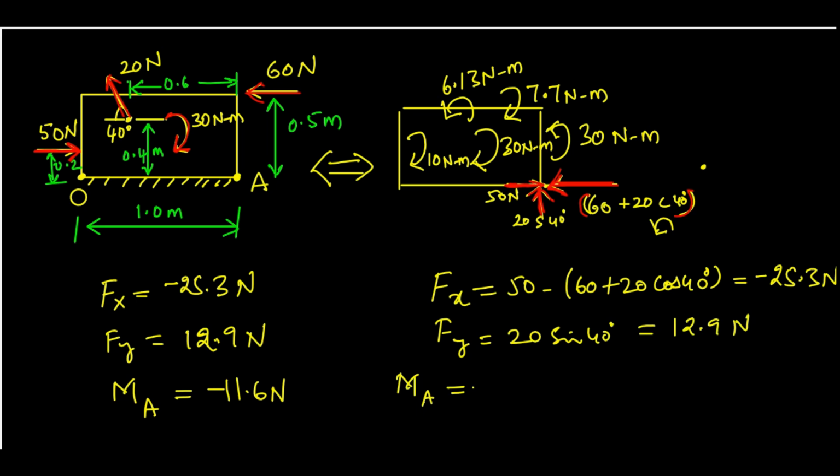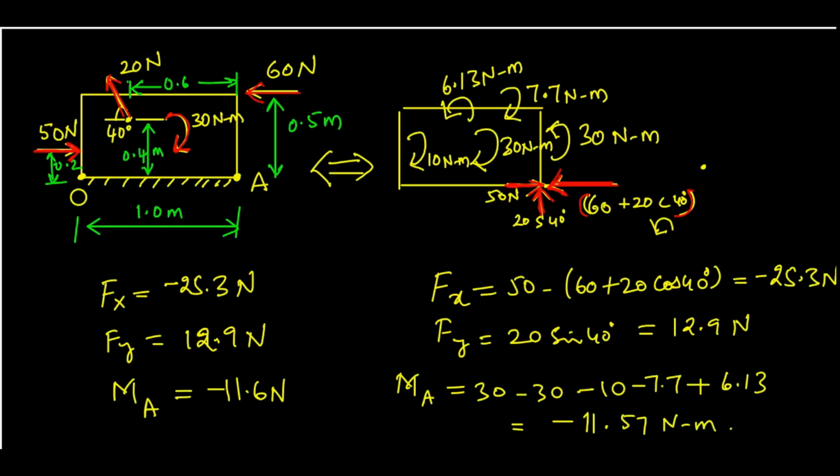Moment about A is 30 minus 30 minus 10 minus 7.7, which is minus 11.57 newton meters.